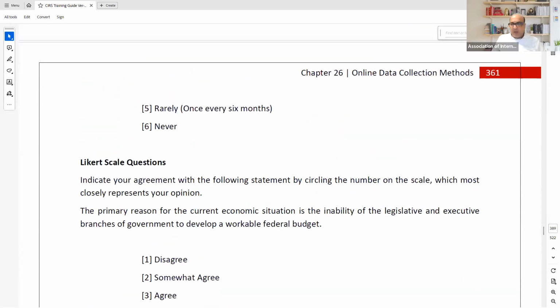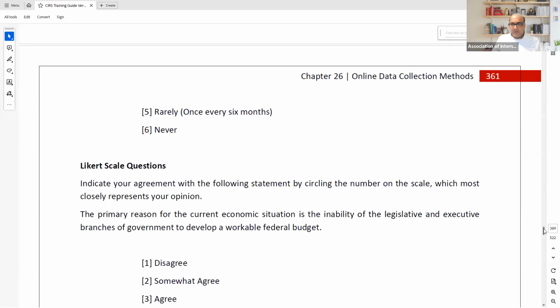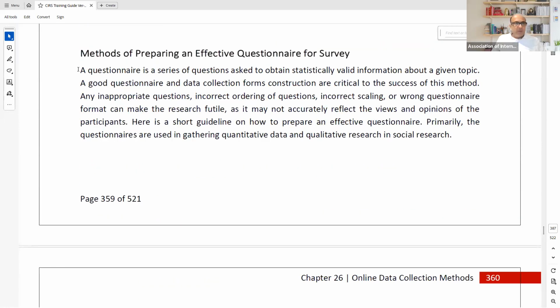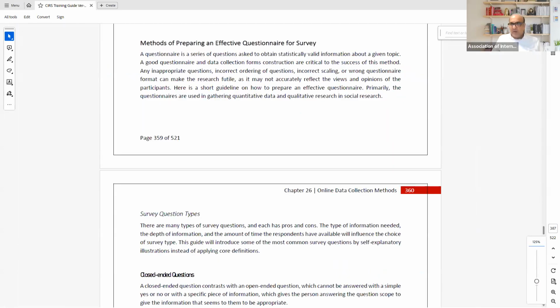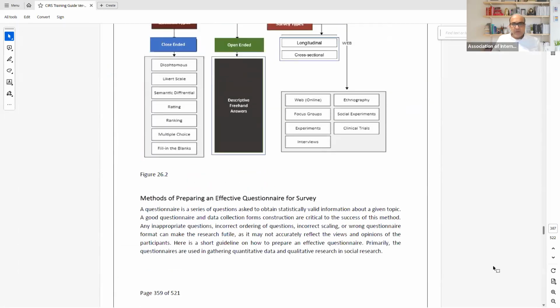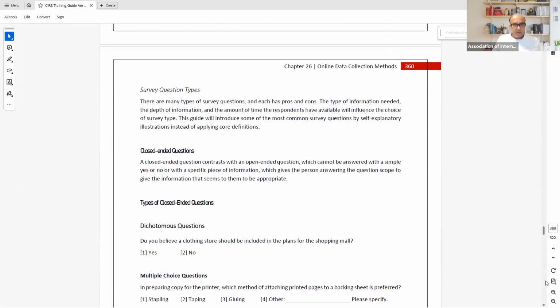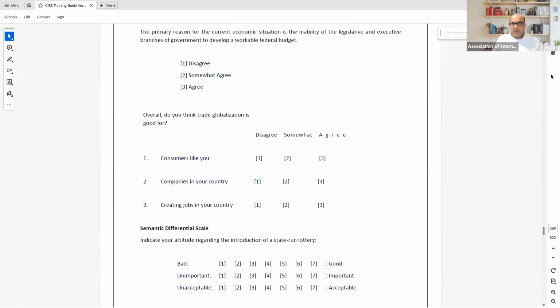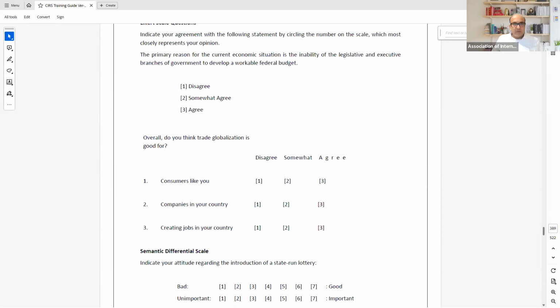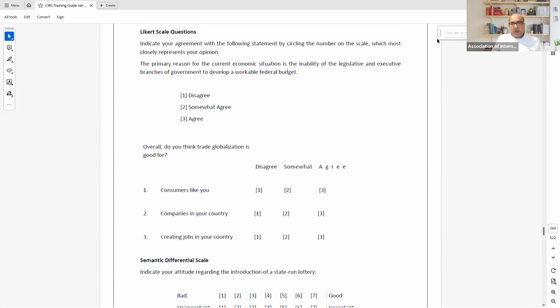Okay, then you got Likert scale. Likert scale question is a leading question.